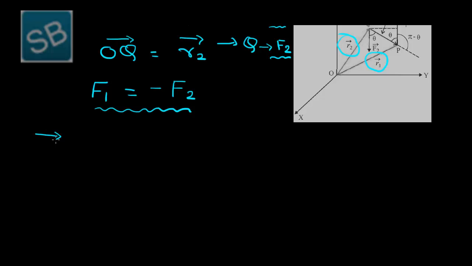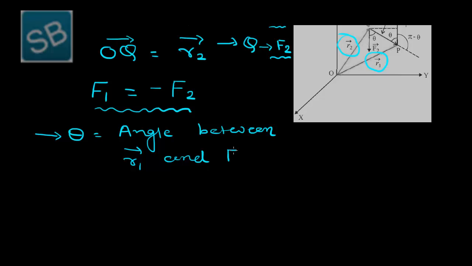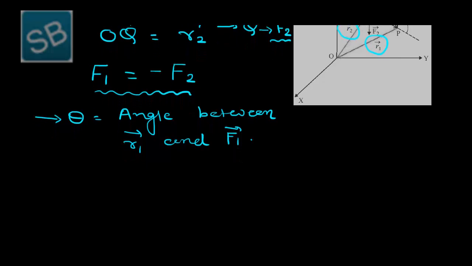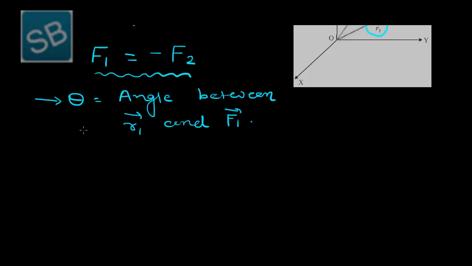So I can write over here that theta is the angle between the R1 vector and the F1 vector. Also, we consider finding the torque of the total system, and the forces which appear over here are known as a couple of forces.